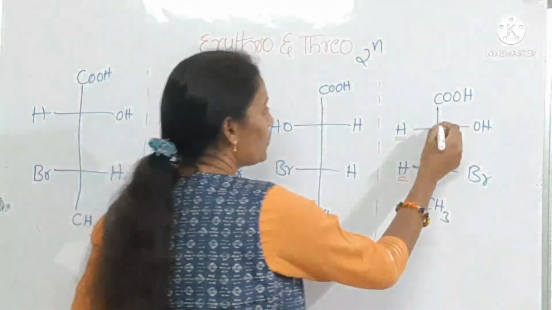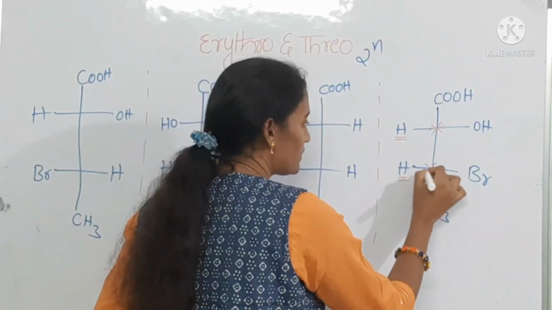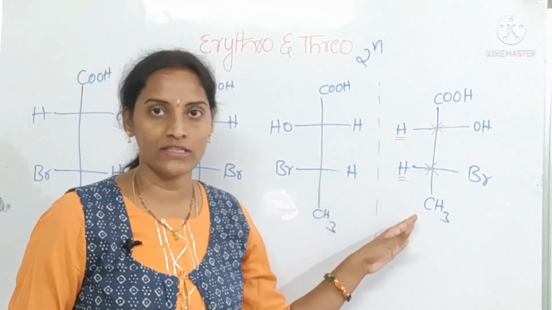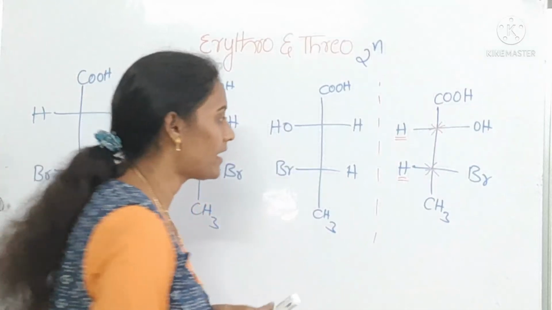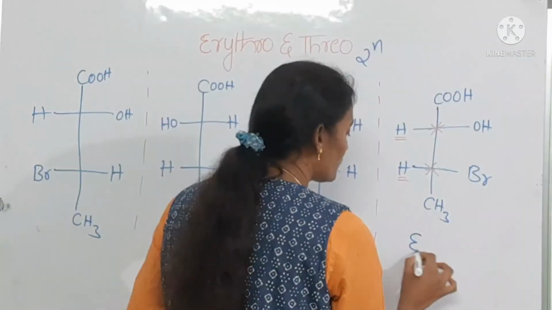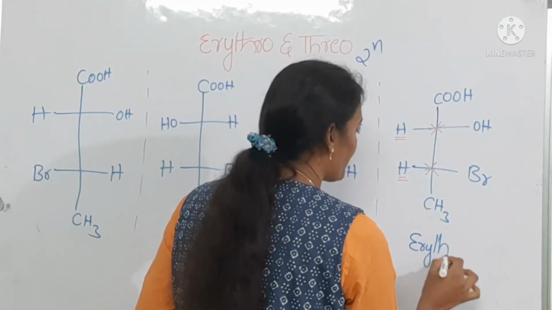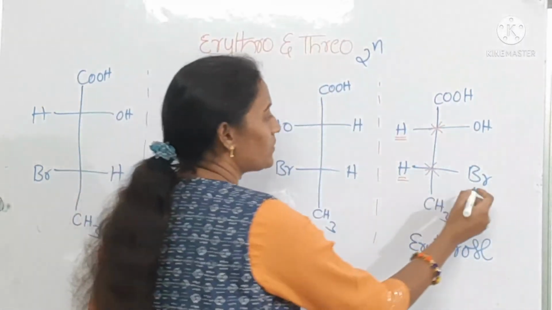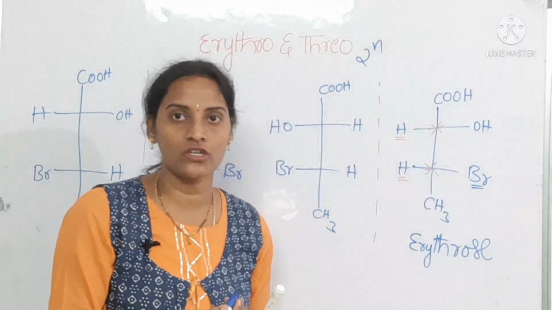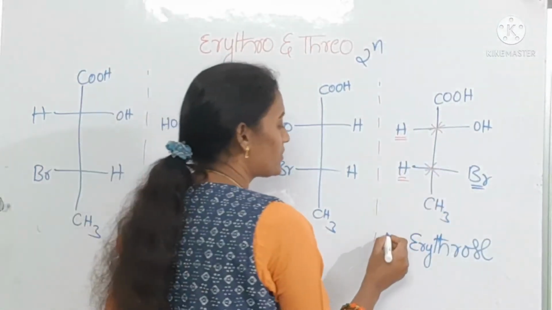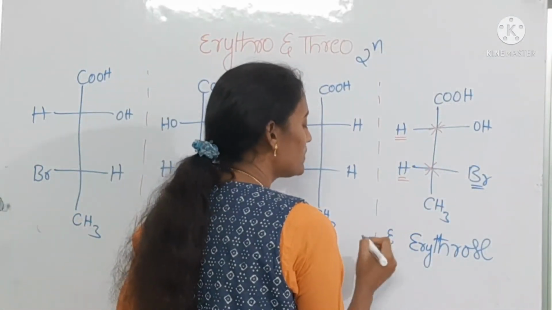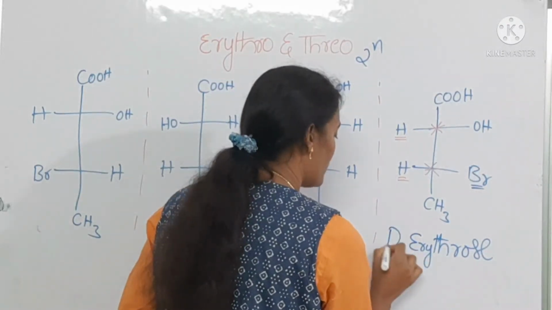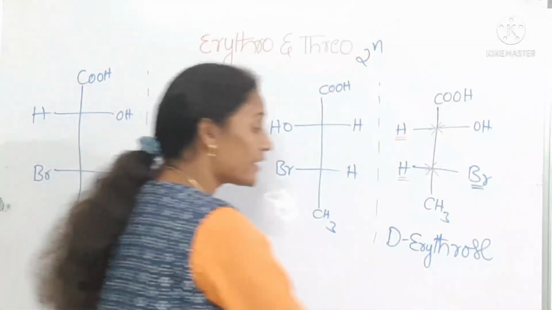See, this molecule has 2 stereo centers. In this one, 2 hydrogens are present on the same side. You can directly write it's an erythro. Is that clear? Which erythro? See, the bromine, the differentiating functional group, is on the right side, so this is D-erythro.